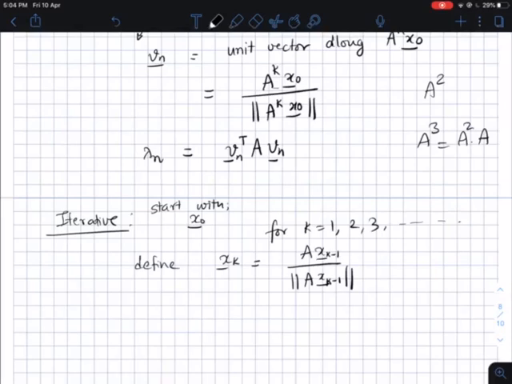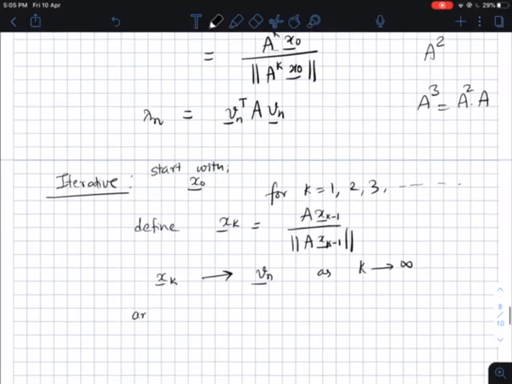It's the same iteration: xk is a times x(k minus 1), so at k equal to 1 you will get a x0 divided by the norm of a x0. It's simply as if you put k equal to 1 over here. Then one can check that xk converges to Vn, the eigenvector corresponding to the largest eigenvalue in magnitude. xk converges to Vn as k goes to infinity, and xk transpose a xk converges to lambda n as k goes to infinity. So that's the idea behind the power method.